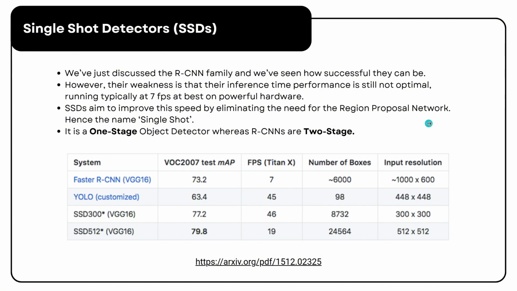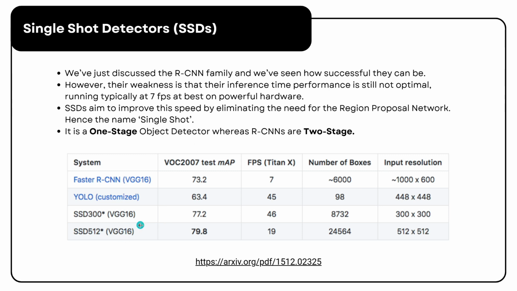Instead, they treat object detection as a single-stage task. Detection and classification are done simultaneously in one forward pass of the network, or a single shot. This makes SSDs significantly faster.